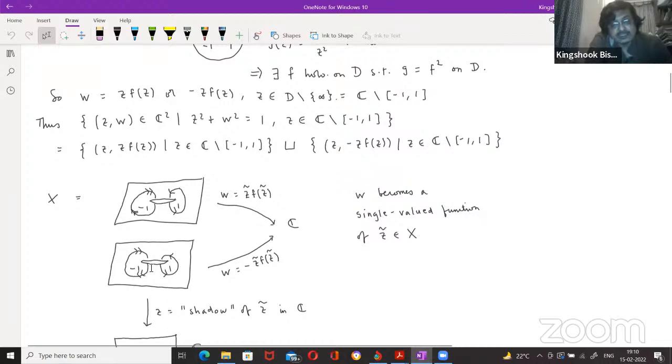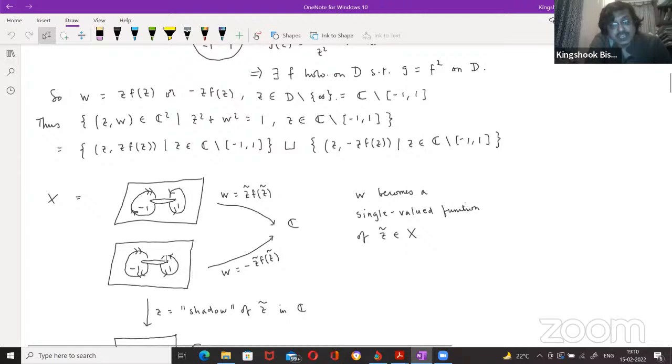So what does that mean? That means we can glue these two sheets together. So you think of making a cut in this piece of paper. You open up this piece of paper. So now there are two sides, a top side and a bottom side in both the sheets. And what you do is you glue the top side of the top sheet to the bottom side of the bottom sheet, and you glue the bottom side of the top sheet to the top side of the bottom sheet.